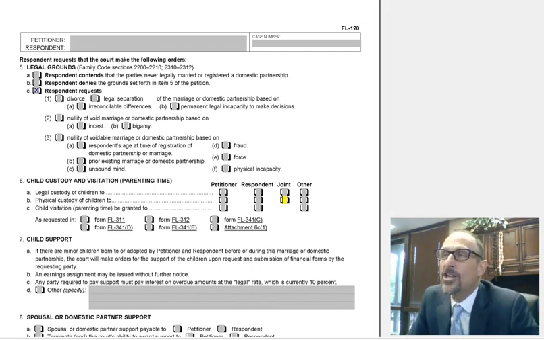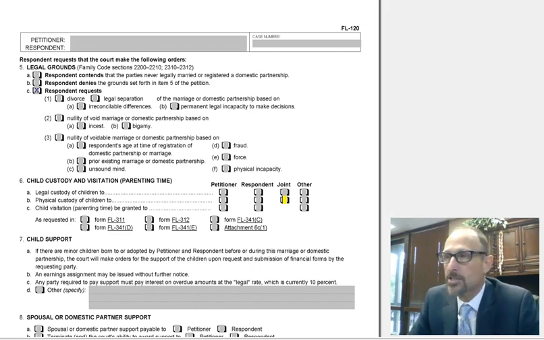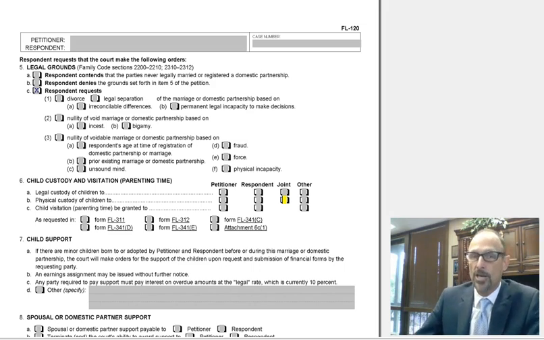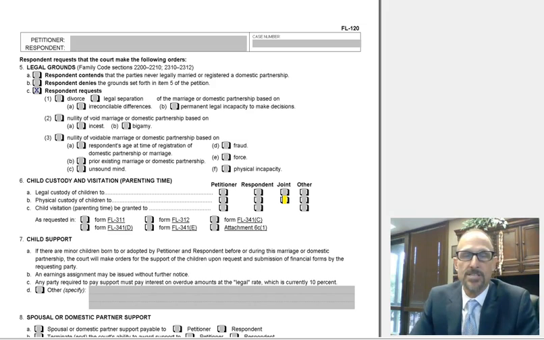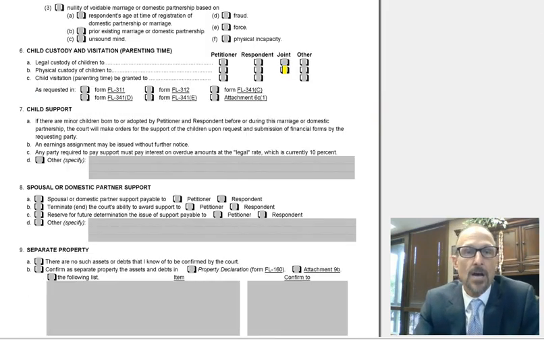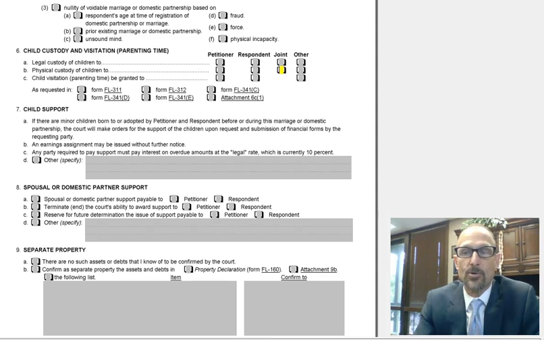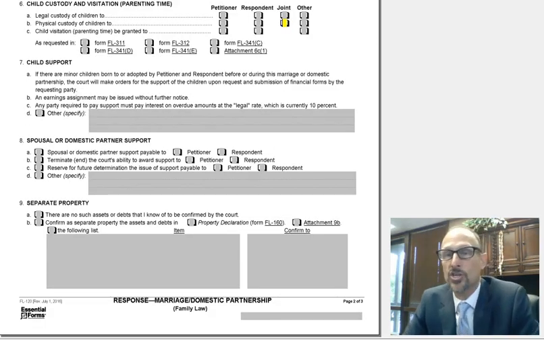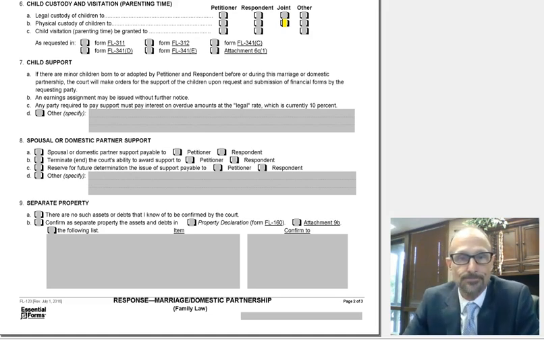You don't need those documents attached, but if you want to be very specific about the custodial schedules that you want, you can use those forms. They're not difficult to fill out, pretty self-explanatory. It's not necessary to fill them out for your response. All right, number 7, child support. There's nothing to fill out in this box. They're just giving you a warning that if there's children, there will be child support.